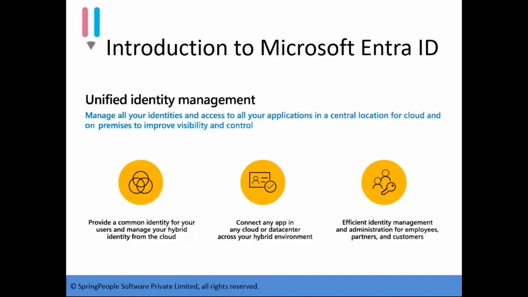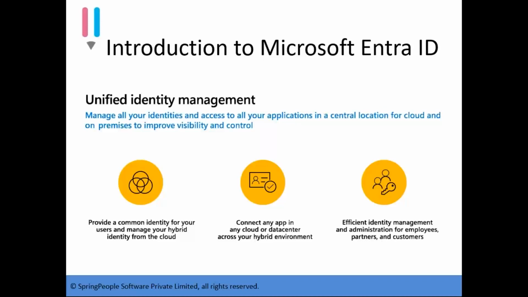That's where it provides the features of hybrid identity, where you can have it both on-prem and integrated with cloud. Suppose you're using AWS for managing all your workload, and additionally you want to integrate with Microsoft 365, then also you can do that, because with Microsoft 365 Entra ID comes in.